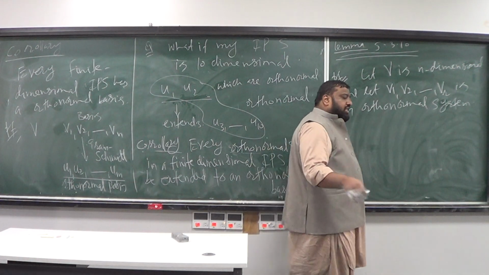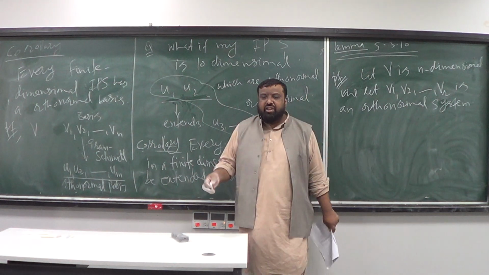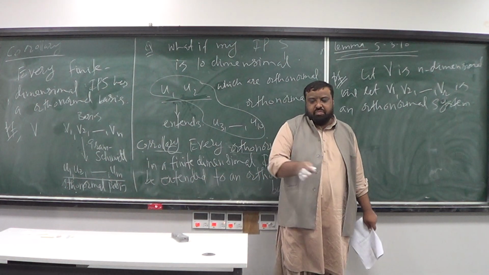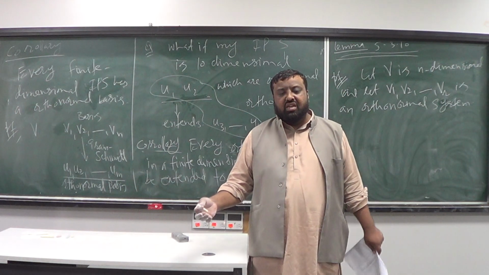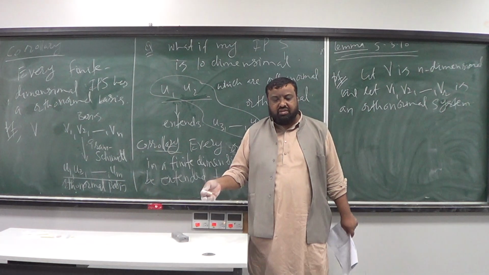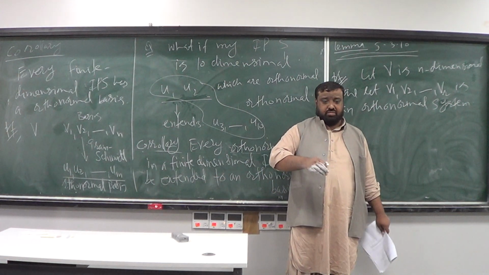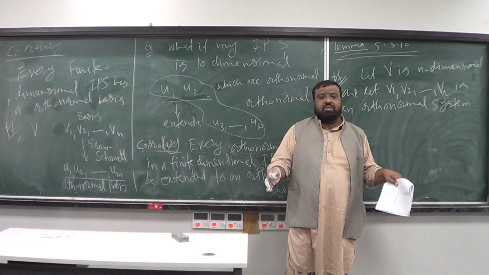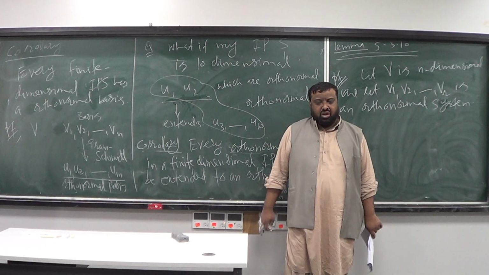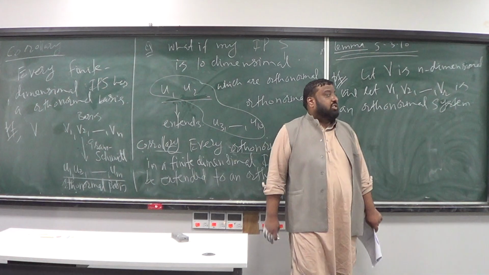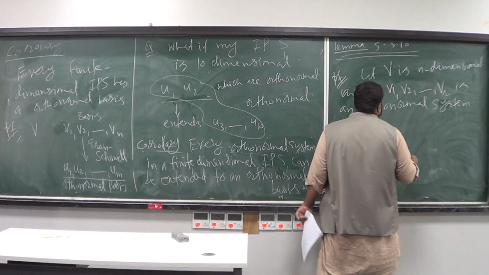Because from your first linear algebra course, you know very well that if you have, for example, a 5-dimensional vector space in which you have 3 vectors that are linearly independent, then you can find 2 more vectors and put them together to form a basis for the vector space. So let's take v1, v2, ..., vr.